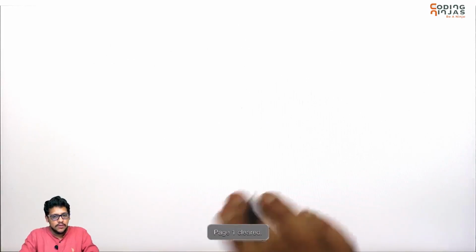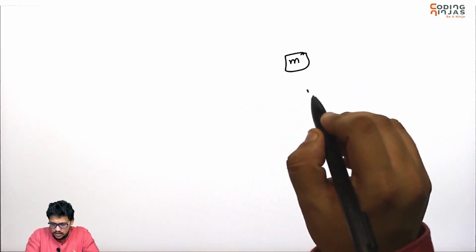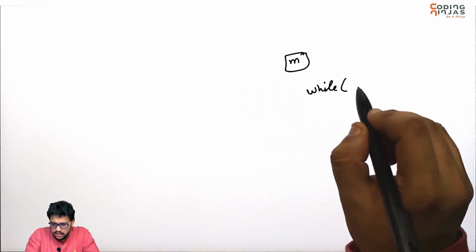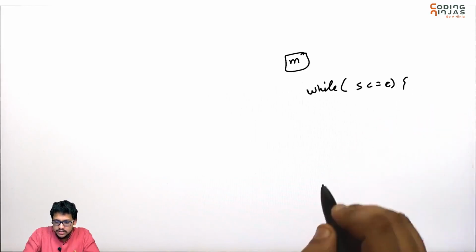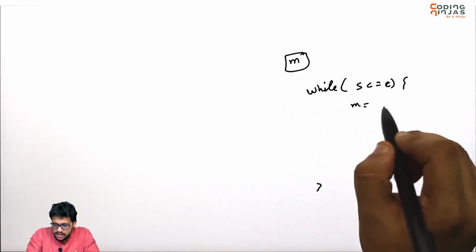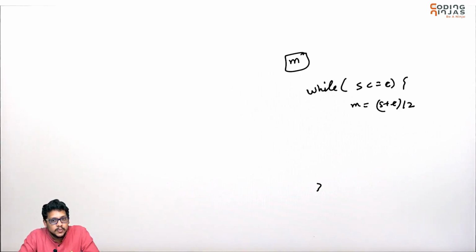All the cases which you have to see: calculate the mid index. You have to do the process till start is lesser than or equal to end. Mid will, at each point, be start plus end divided by 2.